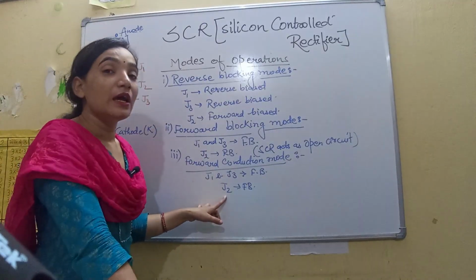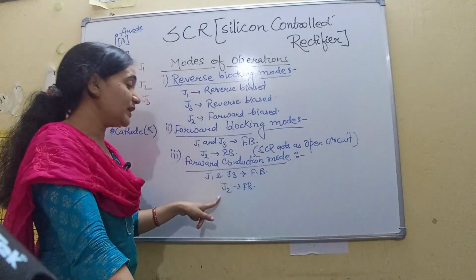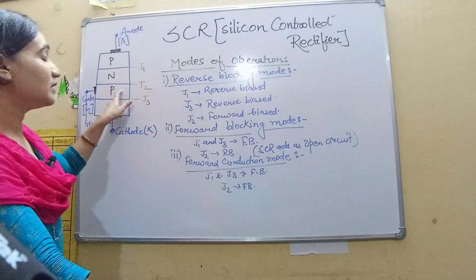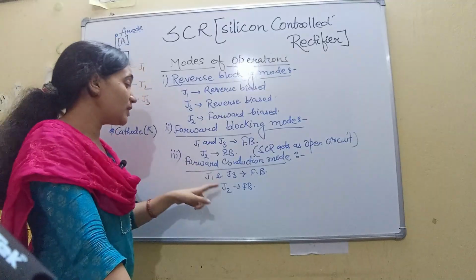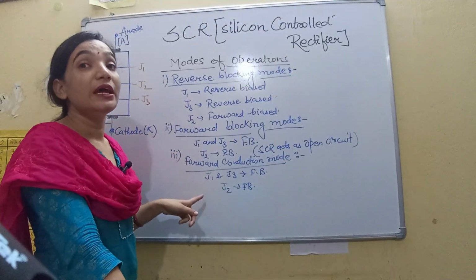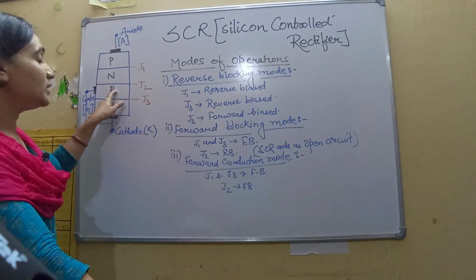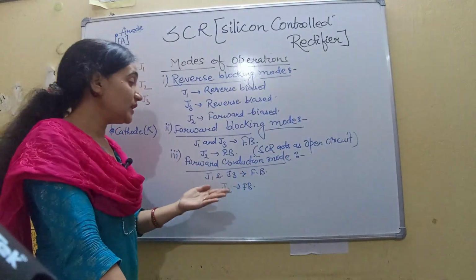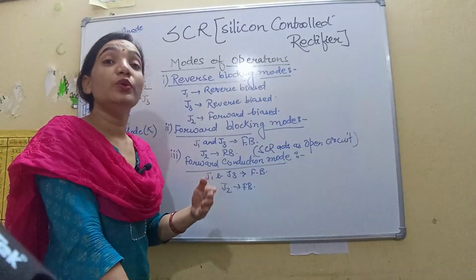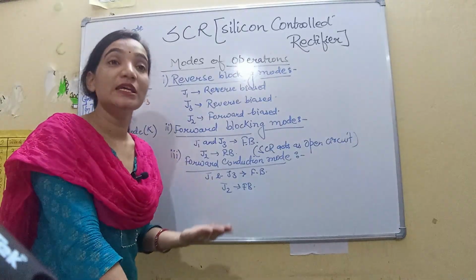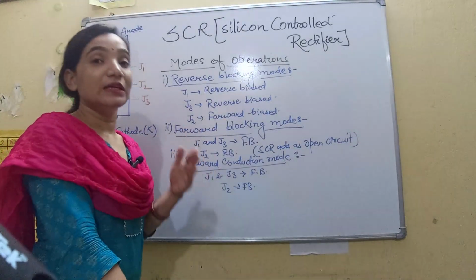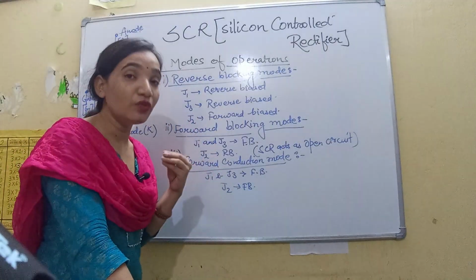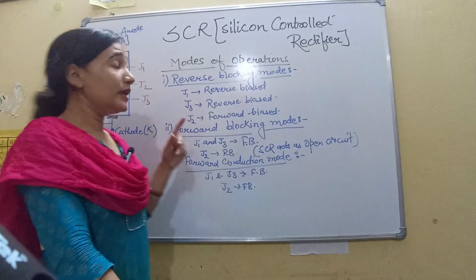So what happens when we provide the positive pulse to the third layer, the gate? When we apply the positive pulse to the gate, it helps the SCR cross the breakover voltage, and after that the current starts to flow.